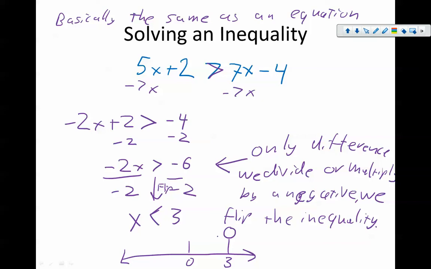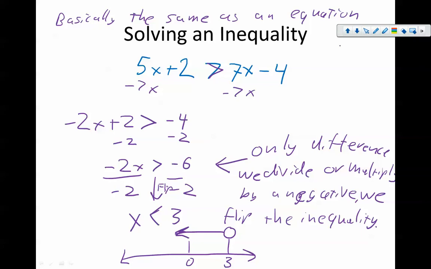It would be an open circle on 3 with a line off to the left. Because when you divide by a negative, you flip the inequality sign. Aside from that, solving an inequality is exactly the same as solving an equation.